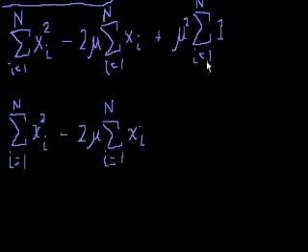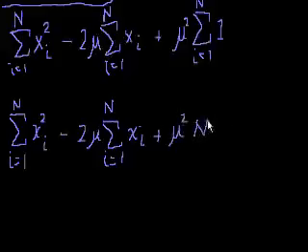What is another way to write this, right? Essentially, we're going to add 1 to itself n times, right? This is kind of saying, whatever you have here, just iterate through it n times. If you had an x sub i here, you would use the first x term, then the second x term. But when you have a 1 here, this is essentially saying add 1 to itself n times, right? Which is the same thing as n. So this is going to be plus mu squared times n.